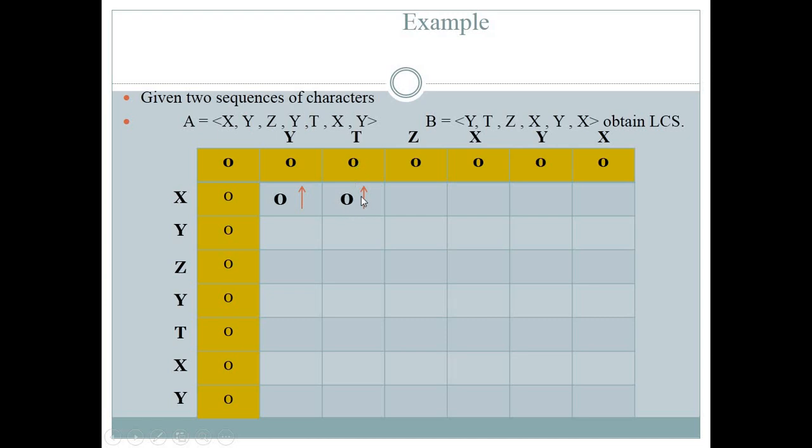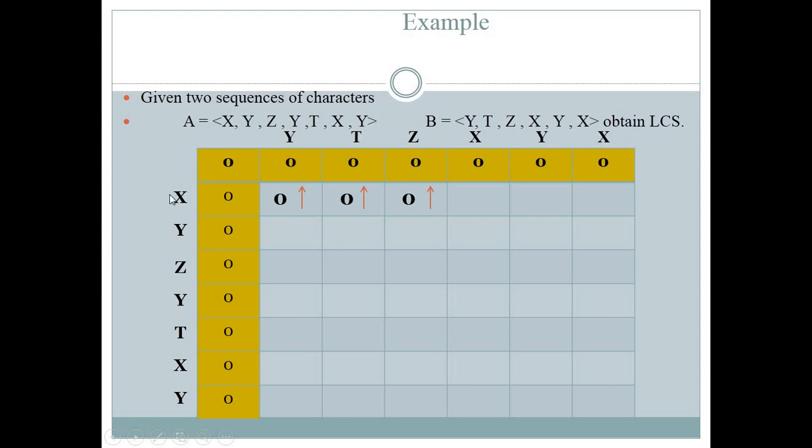We have put 0 here and also put a sign for the above value. Next, for X and Z, again the same procedure. X and Z are not matching, so we will check its above value and left hand side value. Both are 0, so in that case we will take reference from the above value. So we will put 0 here and put a sign of referencing the above value.